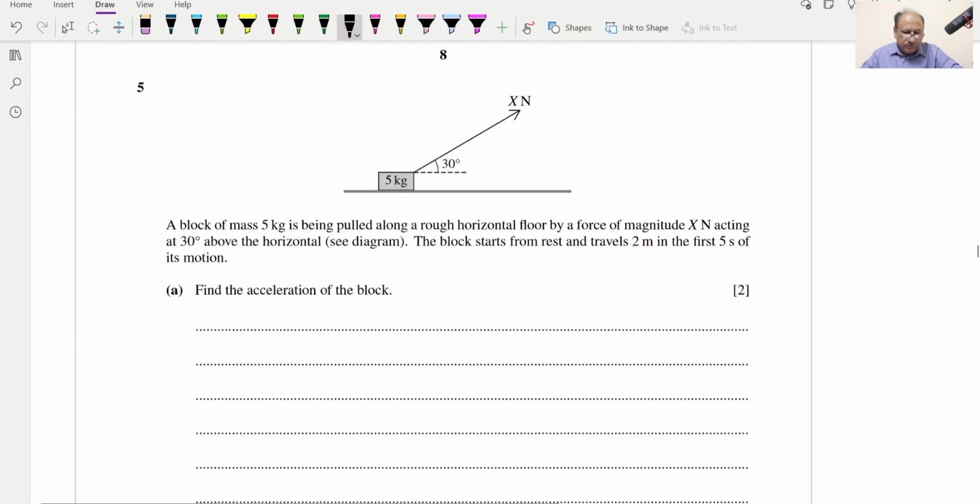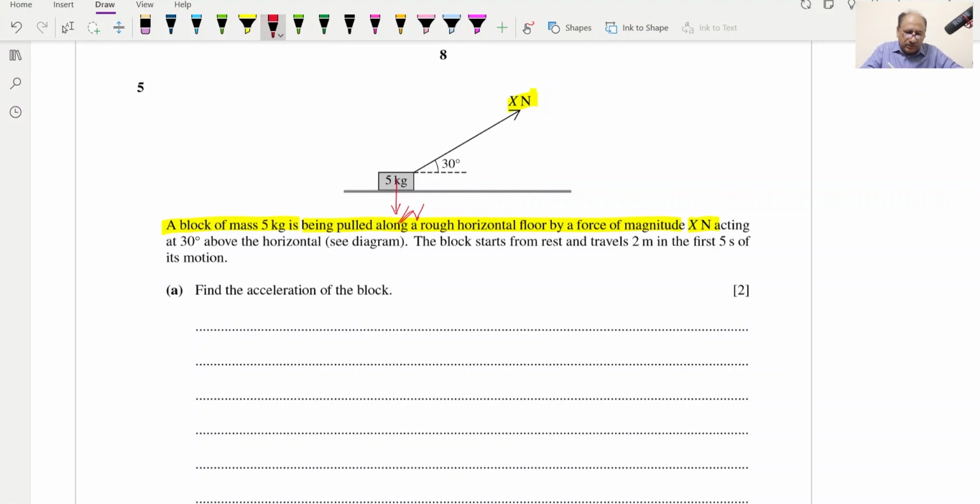Now we can move to question number 5. Question number 5 says a block of mass 5 kg. So the mass of the block is 5 kg, and the weight W will be acting downward. It is being pulled along a rough horizontal floor by a force of X Newton.